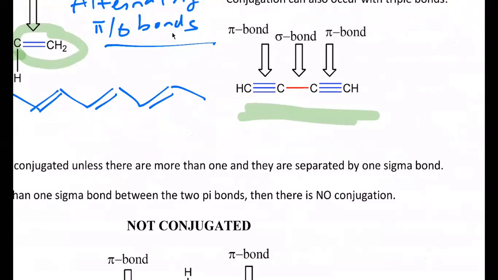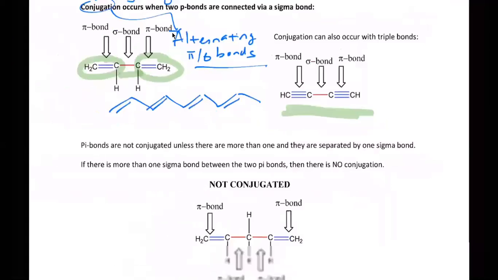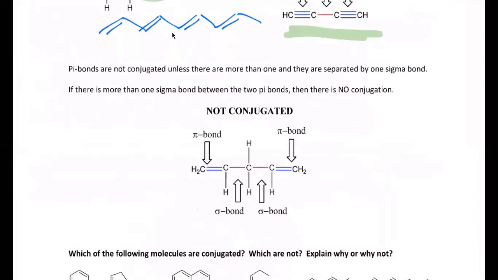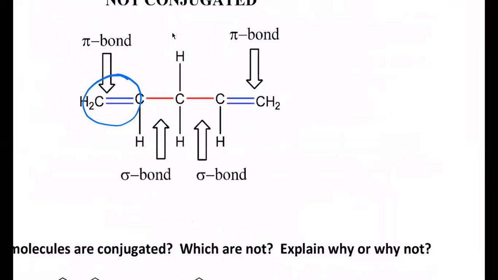So now let's just look at identifying conjugation first, and then after that we're going to look at the molecular orbital considerations for conjugation and what they actually point to. Right, so you can have a system like this, right, which is not conjugated because you have a pi bond and then you have two sigma bonds here separating it from the next pi bond.